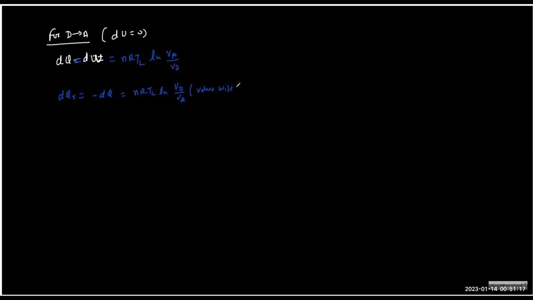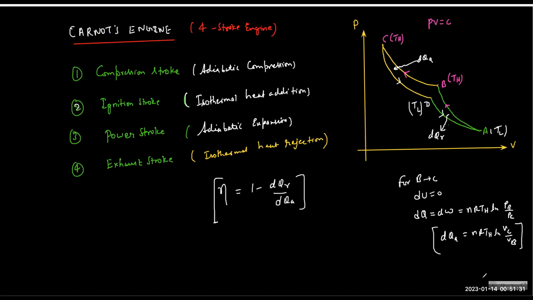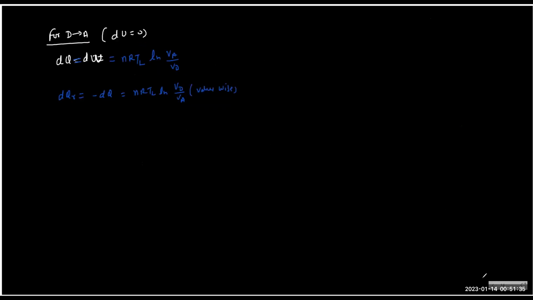Value wise, so we are writing value wise. I hope you are getting this. Because if something is rejected, we know the answer must be negative. But this is already positive only. D to A, it is positive only.